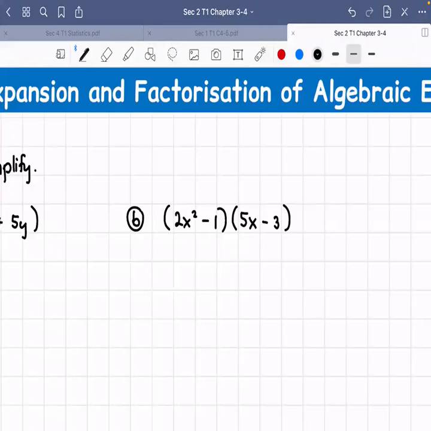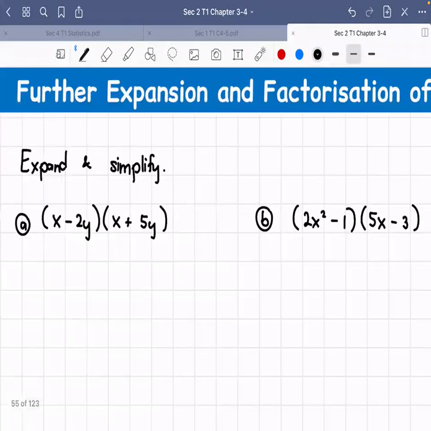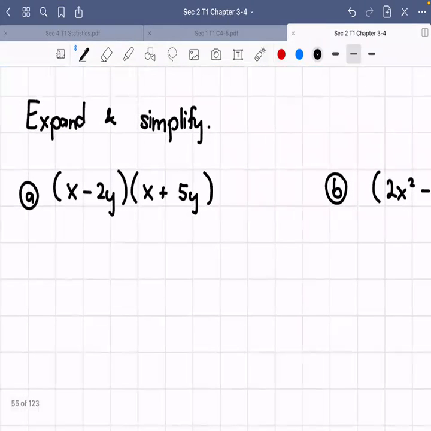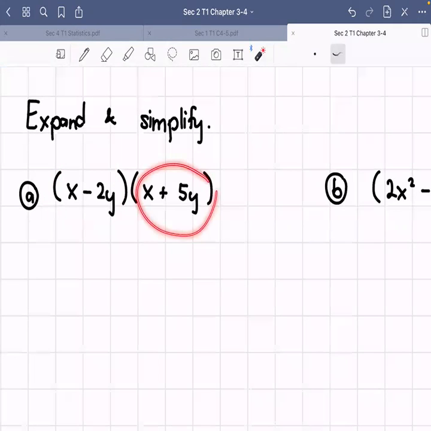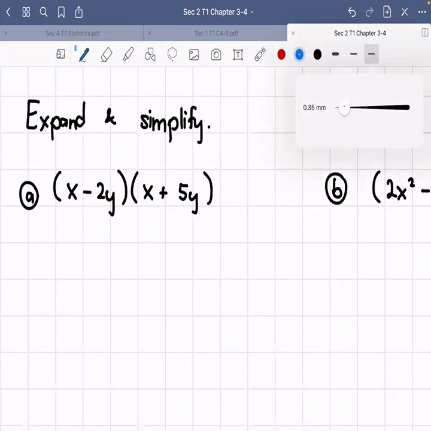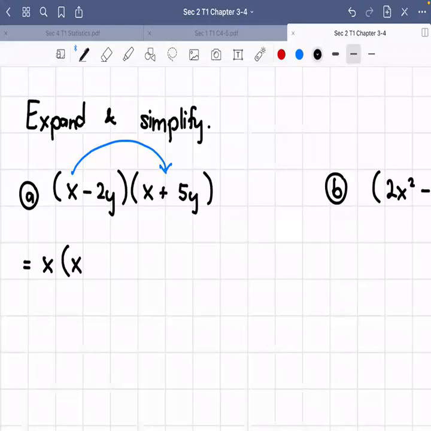Okay, so let's have two questions like this. You still remember this back in chapter 3. So we have x minus 2y times x plus 5y. So how do we do this? Okay, so that means x times x plus 5y, and this is equal to x times x plus 5y.